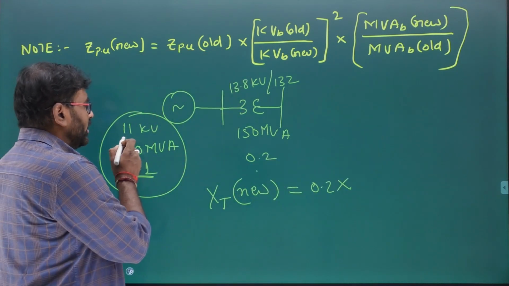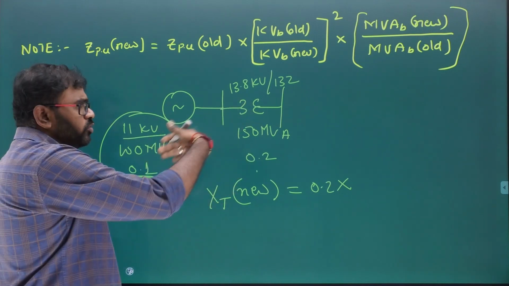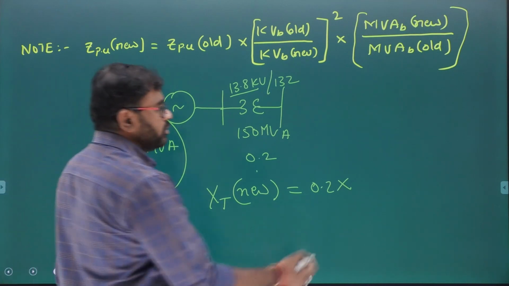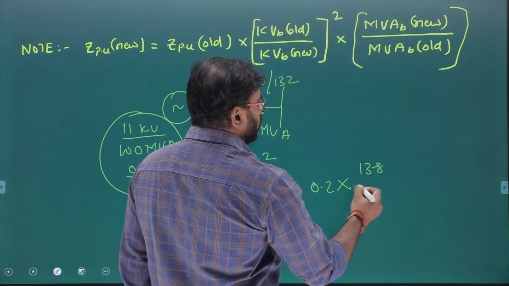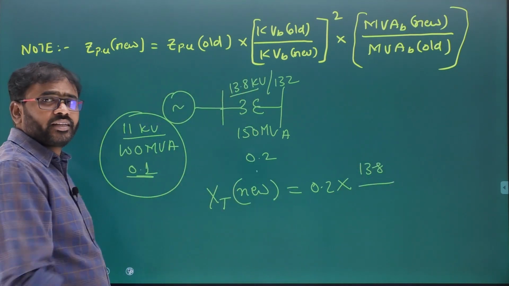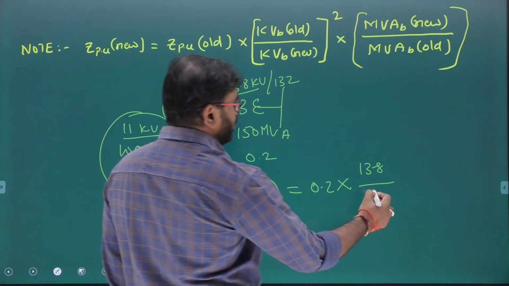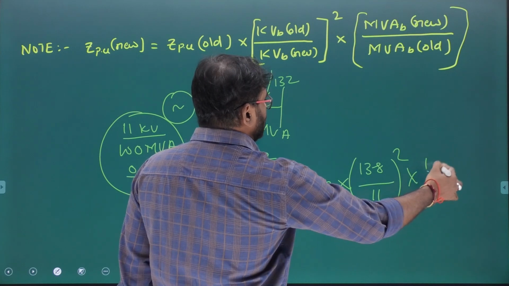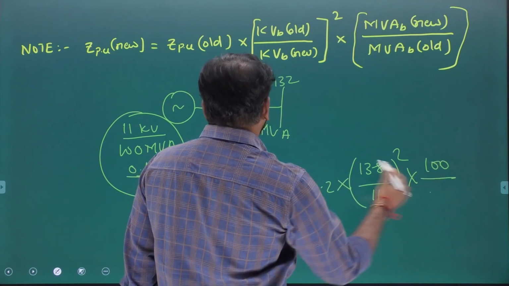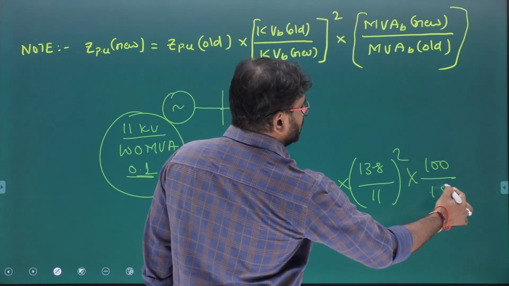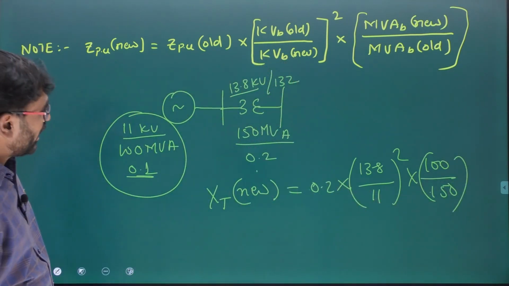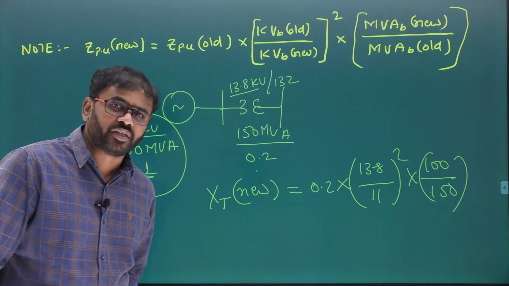Since this generator is on the LV side of the transformer, you need to see the LV side. What is KVB old? The rating of the transformer, so 13.8. What is KVB new? Since we selected the generator rating as base, 11, whole square. MVAB new is 100. MVAB old is what now? Its rating, 150.